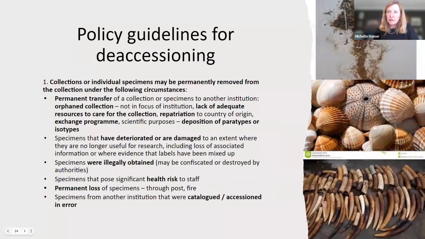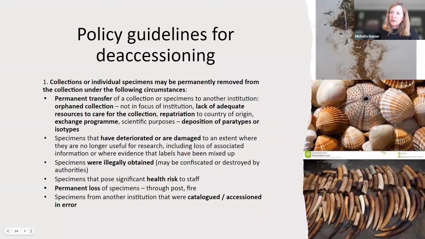So when would you de-accession? You should have a policy for de-accessioning, and you can have policy guidelines, policy statements. These are guidelines for those. You can remove specimens or collections permanently from the collection under the following circumstances.